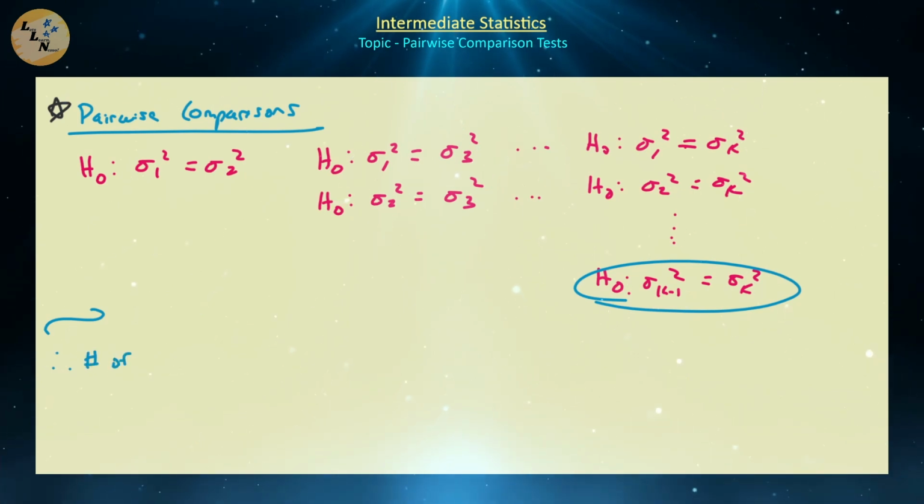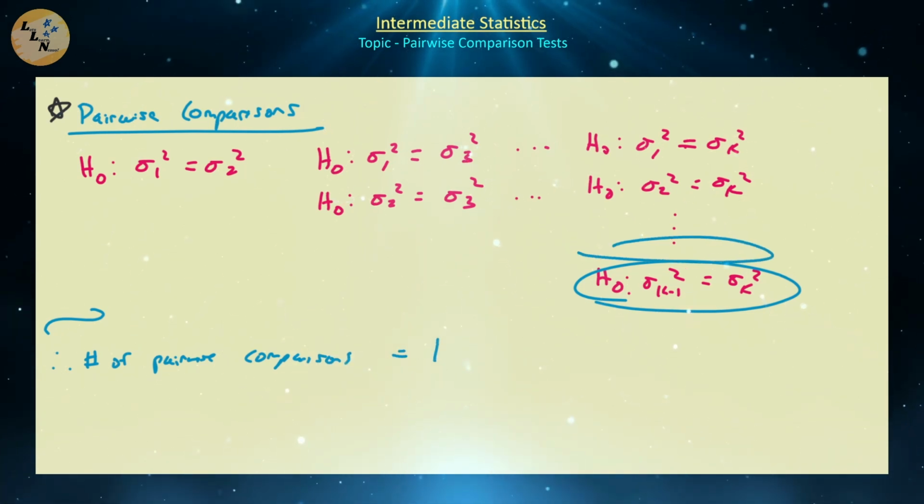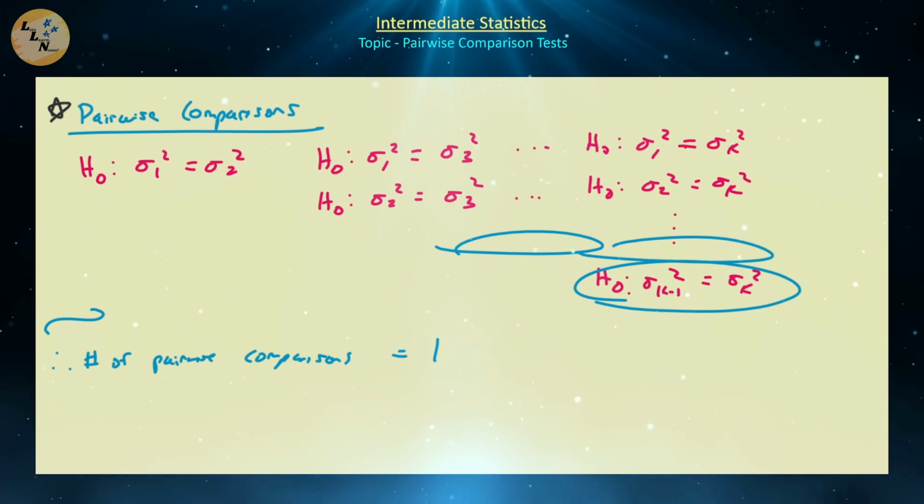So the number of pairwise comparisons is going to be equal to, so we have 1 in that last row, and we're going to have 2 in that penultimate row. In particular, we're going to be testing, for example, sigma k minus 1 squared to sigma k minus 2 squared, and sigma k minus 1 squared to sigma k minus 3 squared.